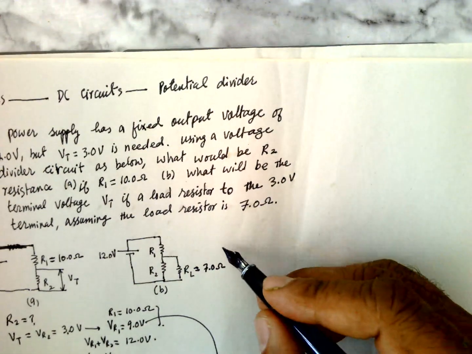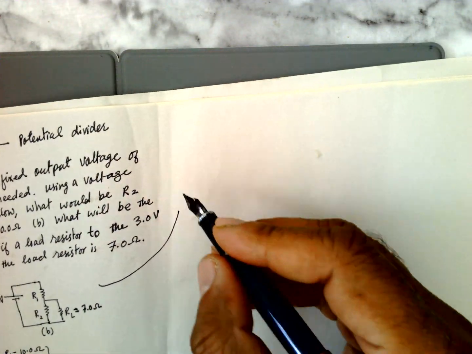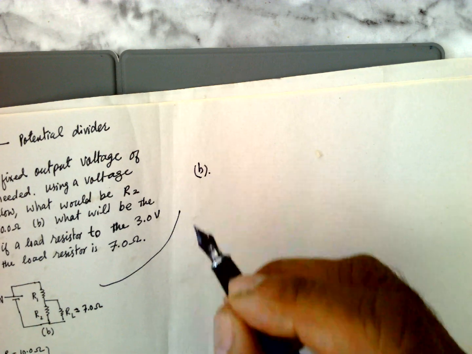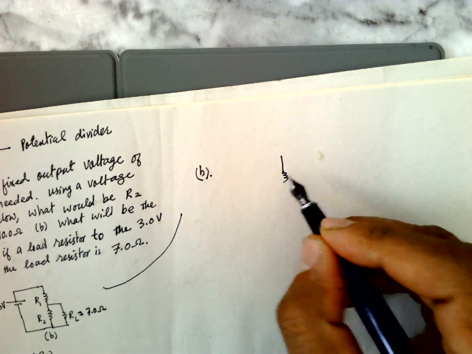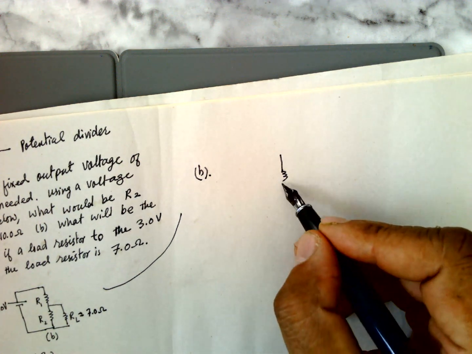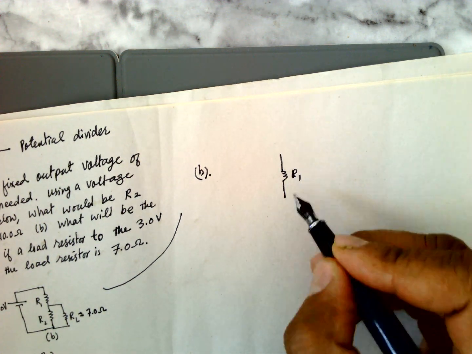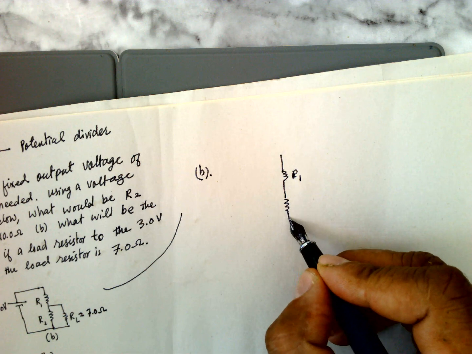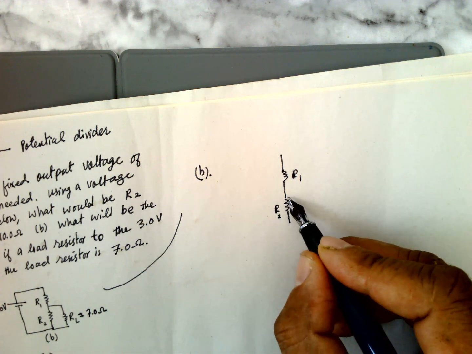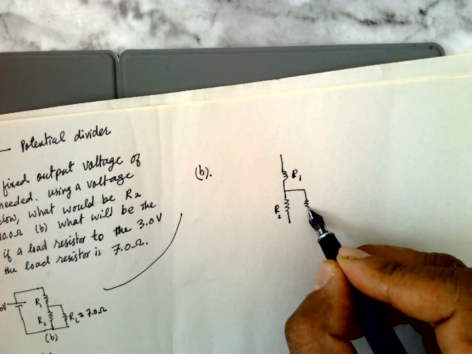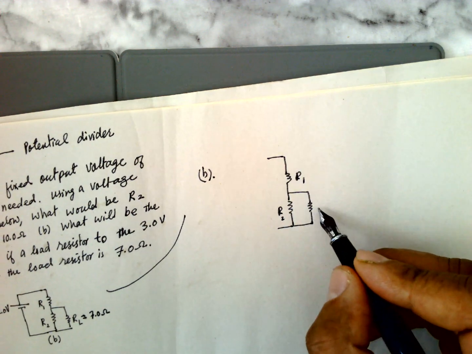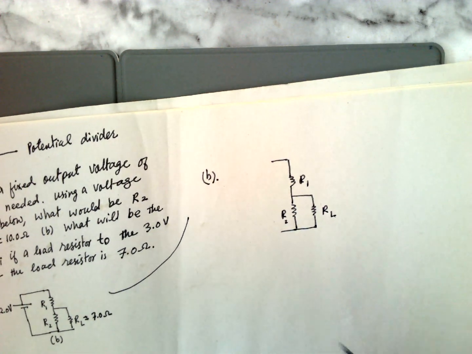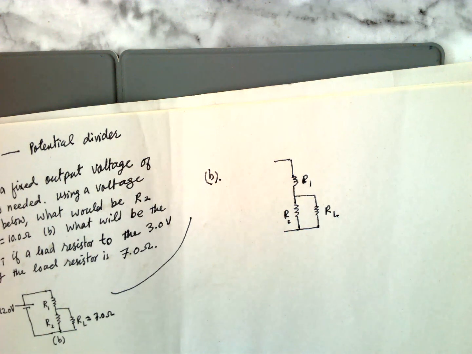Now B part. We have this resistor. This is R1. This is R2. And in parallel is RL, load resistor.